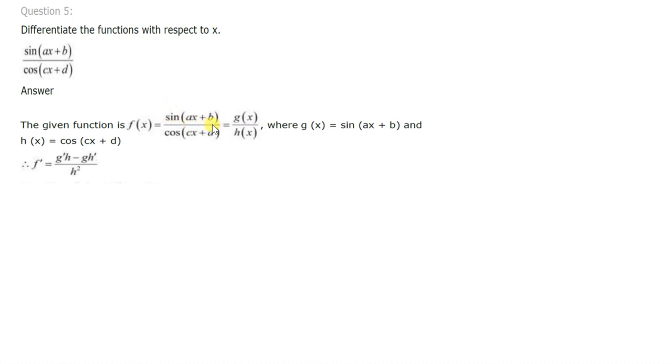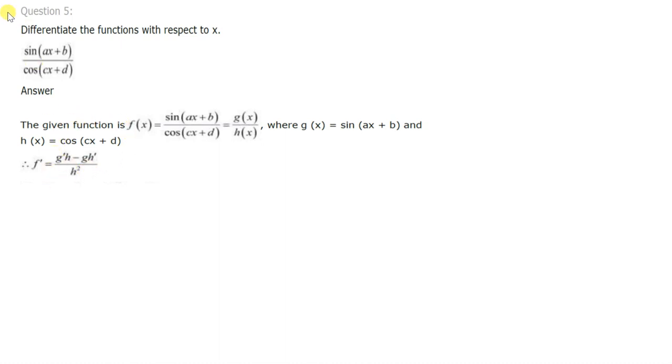Let us denote this function sin of ax plus b by g(x) and cos of cx plus d by h(x). Then f dash will be equal to h into g dash minus g h dash divided by the denominator square, that is h square.